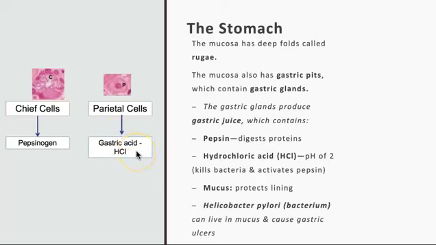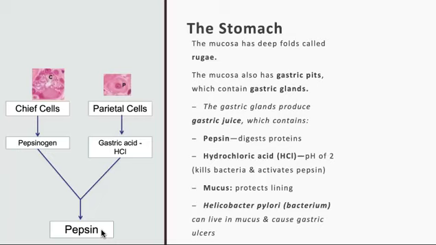This is going to work twofold because one, it helps to kill the bacteria or pathogens within our stomach, and the other thing is it is going to take pepsinogen and activate it to turn it into an enzyme known as pepsin. Now, pepsin is going to play a major role in digesting our proteins.